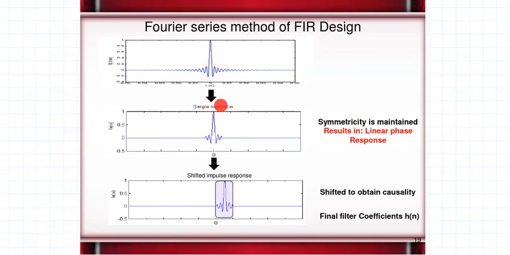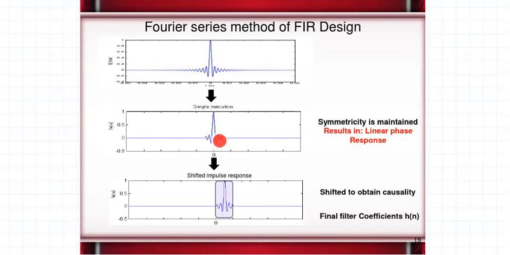So we have done a simple truncation. What do you mean by a simple truncation? It means that we have terminated the coefficients around a certain value. So we have picked only certain samples from the impulse response, and all the rest of the samples, as you can see here, we have set to 0.